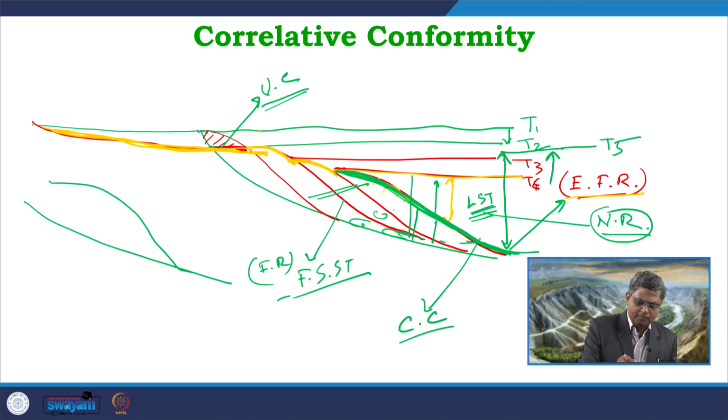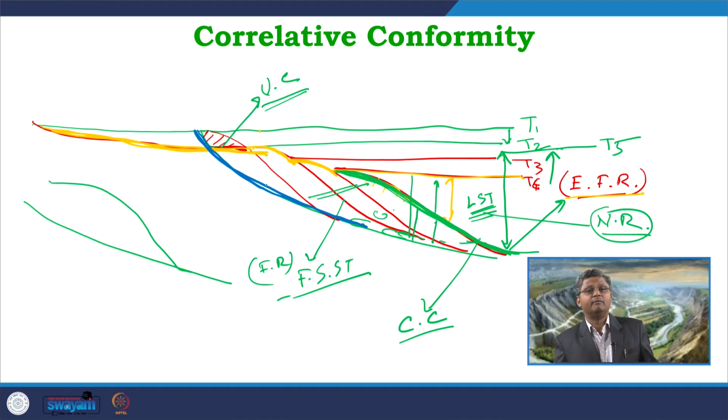There is another school which tried to identify the correlative conformity in a different way. They tried to identify the correlative conformity as the paleo sea floor at the onset of forced regression. As per their model, this is the surface which was present at the onset of the base level fall, at the onset of the forced regression.